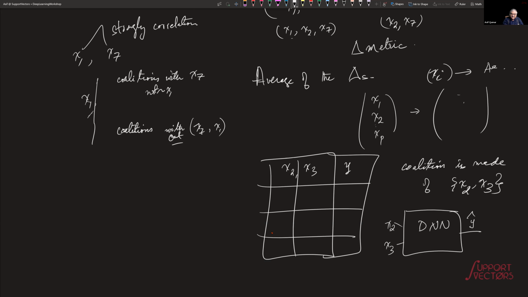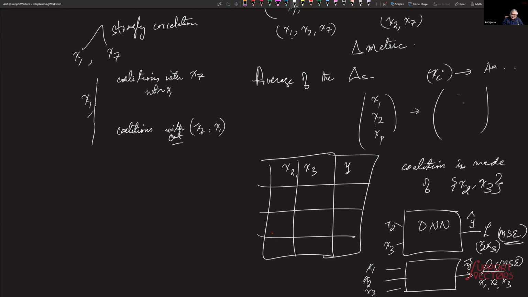Now from this, you can compute, I don't know, pick a measure, whatever it is. Loss function or something. Let's say that your loss is mean squared error, right? You compute your mean squared error. Now what you do is you take this model. So let me call this the mean squared error without X1, with X2, X3, right? Now you do this. You give X1, X2, X3. And now you compute again the Y hat. This is a loss function, MSE let's say, with X1, X2, X3 all present.